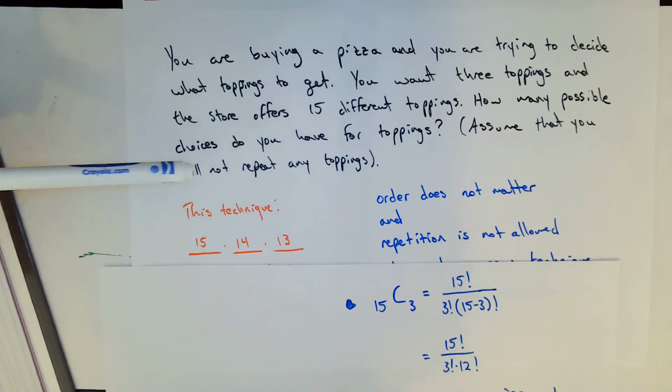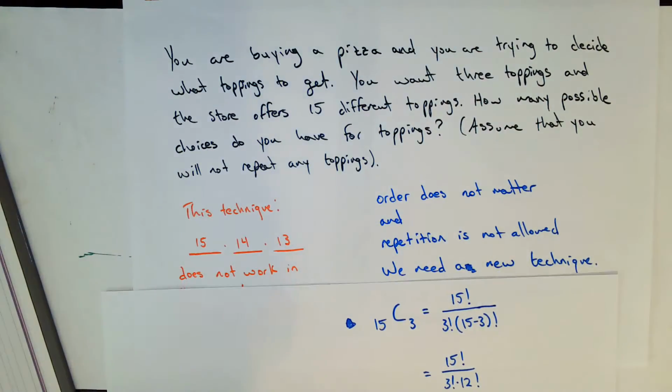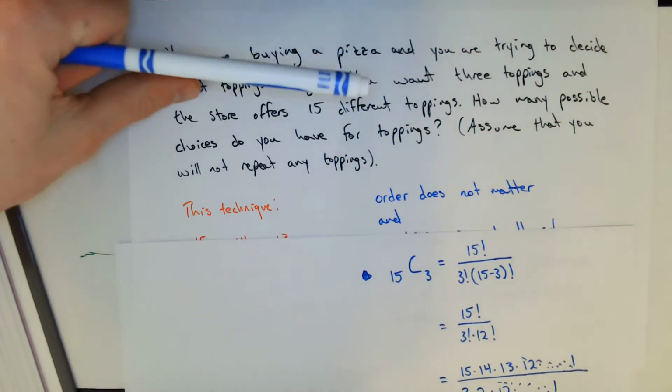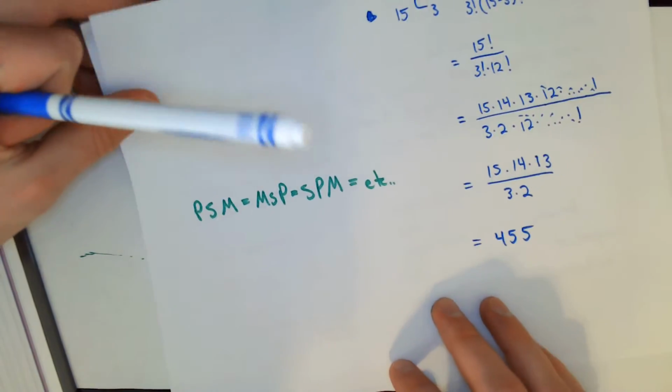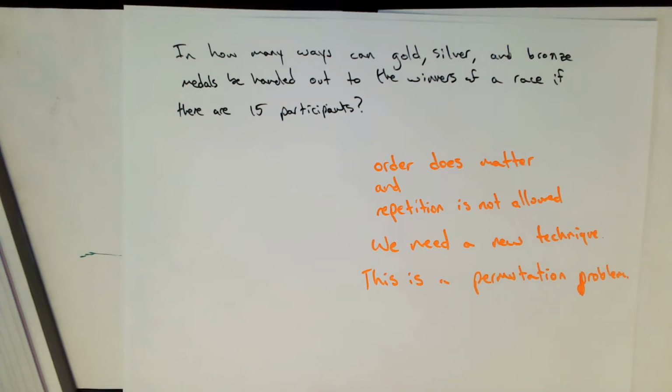How many possible choices do you have, assuming that you do not repeat any toppings? 455. All right, now the other one was, oh, wait, here it is. Nope, where is it? Here it is. This one.